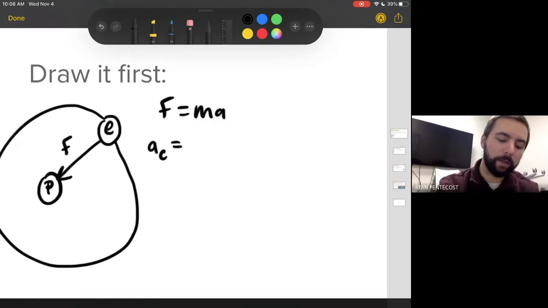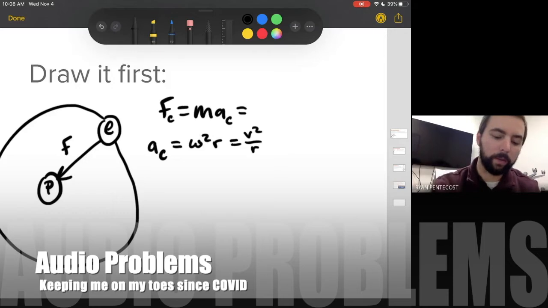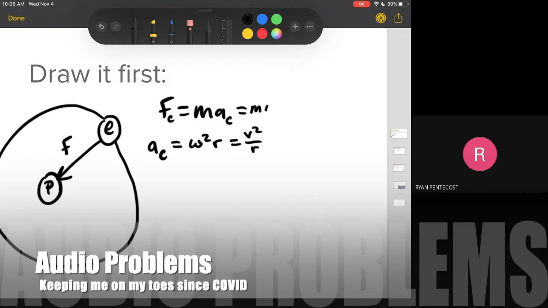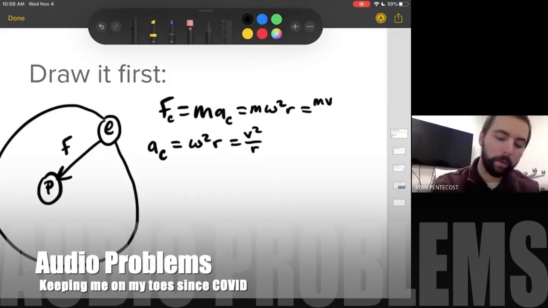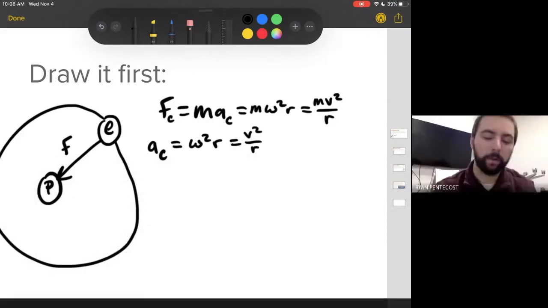Centripetal acceleration can be omega squared r, or it can be v squared divided by r. So if we turn this force into centripetal force, that gives us two different equations: m omega squared r, or m v squared divided by r. And we can use either one of those for centripetal force, just depending on what better suits our scenario.